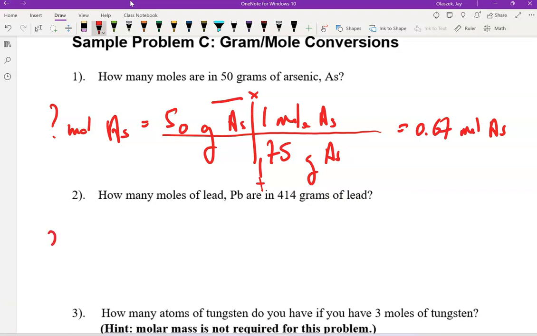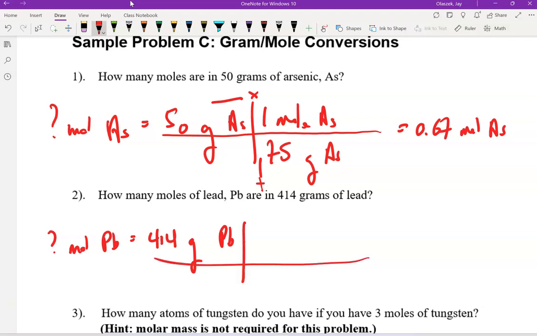Problem number 2 is set up the identical way. We are trying to find how many moles of lead are in 414 grams of lead. And so we're going to set this up the exact same way as we did the previous example. We're trying to find moles. They have grams, so we're going to go from grams to moles.